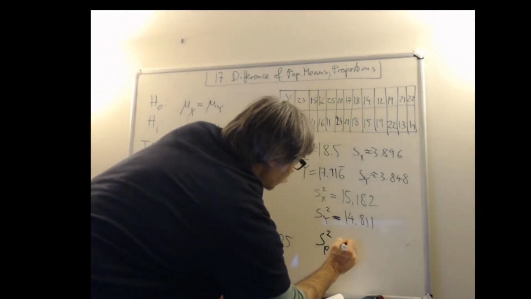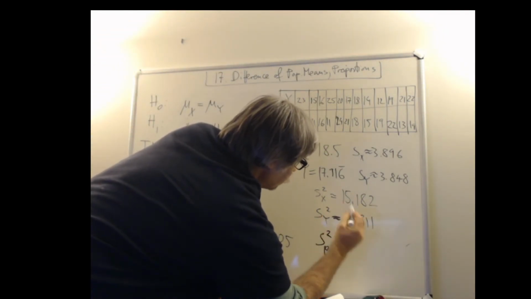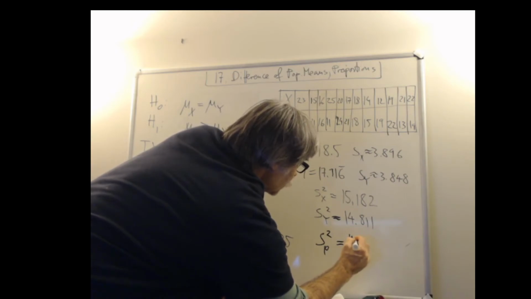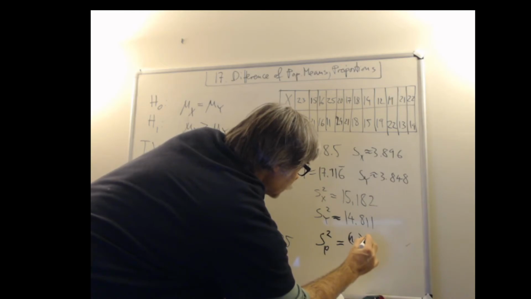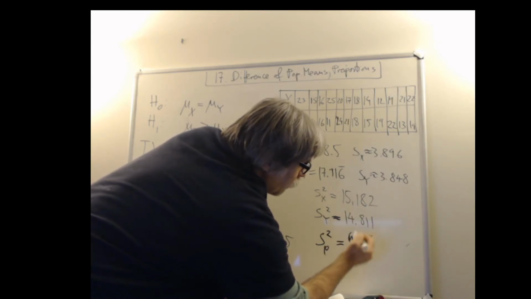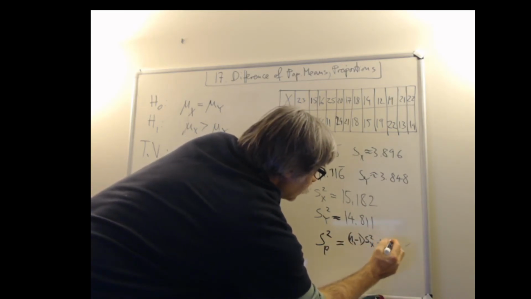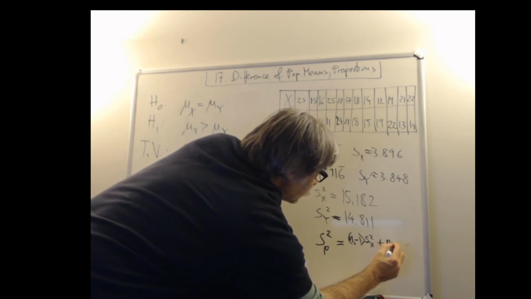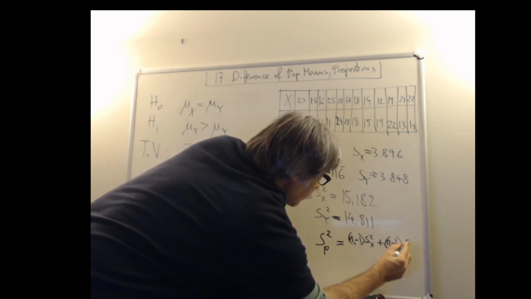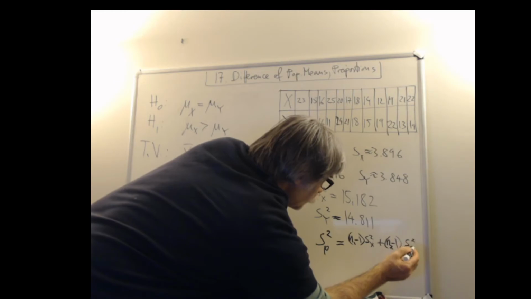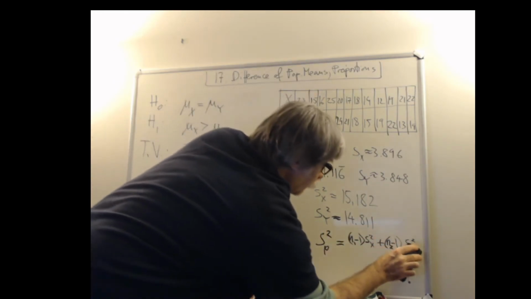It's easy to calculate. I'm going to have to multiply the first variance by its degrees of freedom. I'm going to have to do the same thing with the second variance: the second variance times the second sample's degrees of freedom, right? Oh, the second one is y.